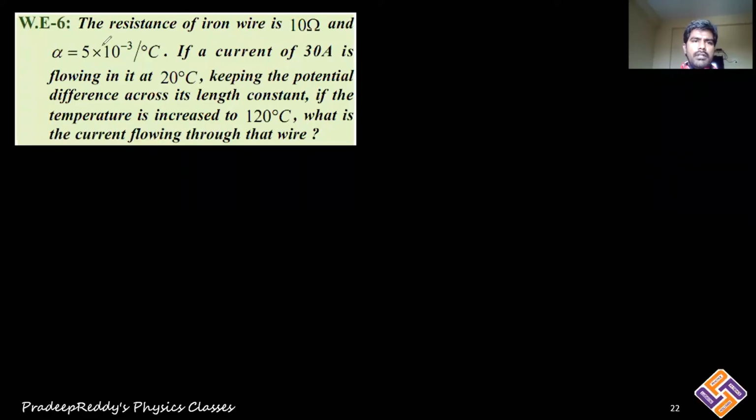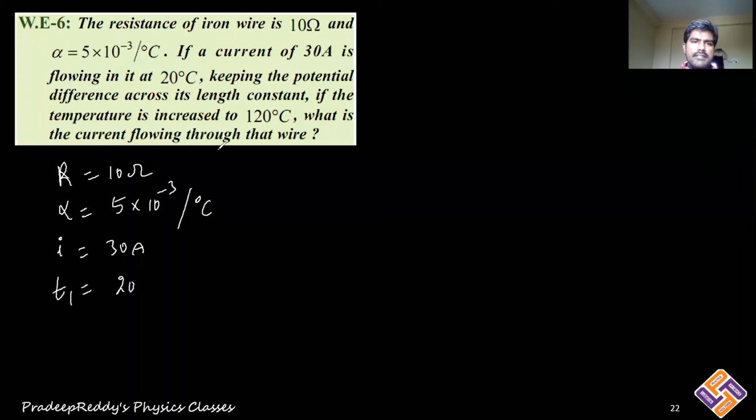Read the question and write down the data first. The resistance of the iron wire is 10 ohm. R is equal to 10 ohm and alpha is equal to 5 into 10 power minus 3 per degree Celsius. If a current of 30 ampere is flowing in it at 20 degrees Celsius, so T1 is equal to 20 degrees Celsius.